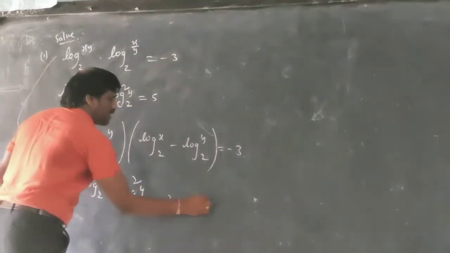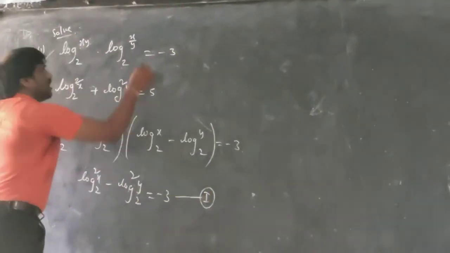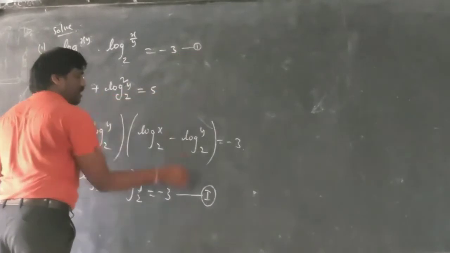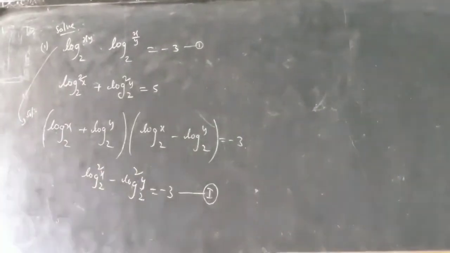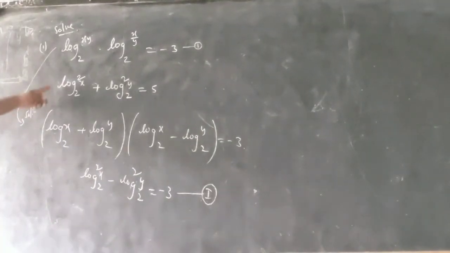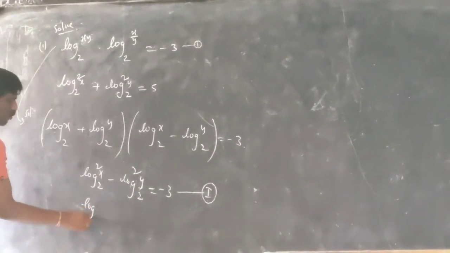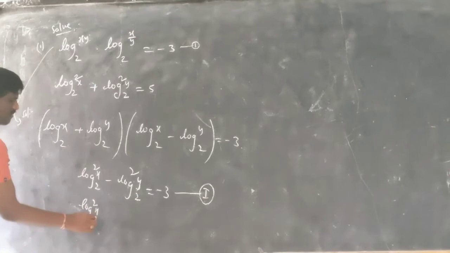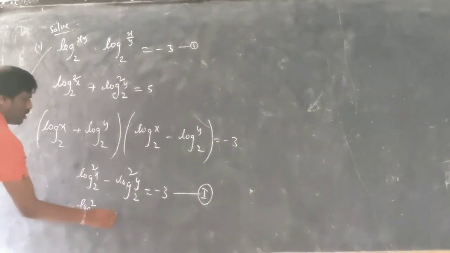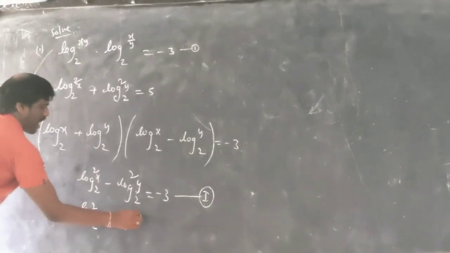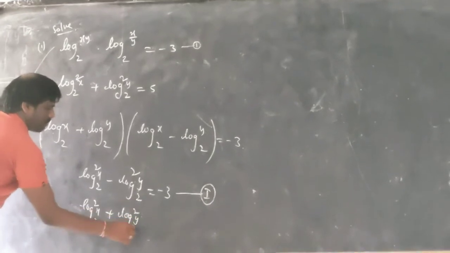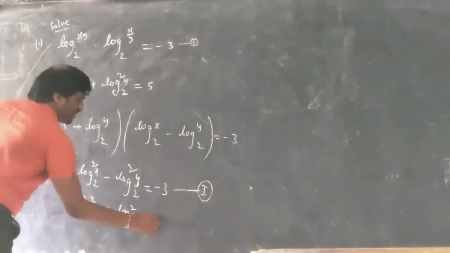This is what the first equation becomes. Let us go for the second equation. The second equation is already there like this: log square x with base 2 plus log square y with base 2 is equal to 5.